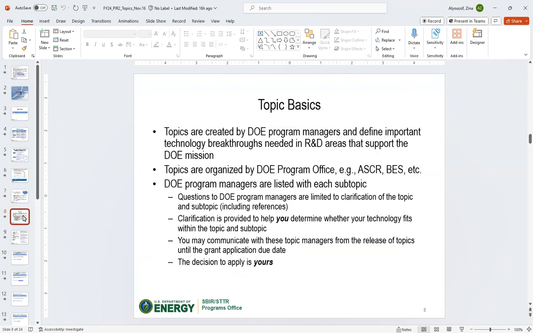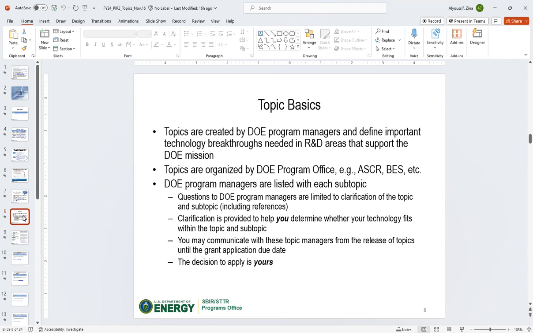Just to give you a clear picture about our topics, they are created by DOE program managers and define important technology breakthroughs needed in the R&D areas that support the DOE mission. The topics are written in a way that supports the topic manager in his or her role in his or her office.